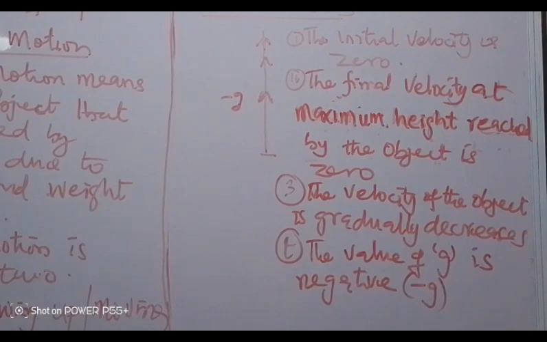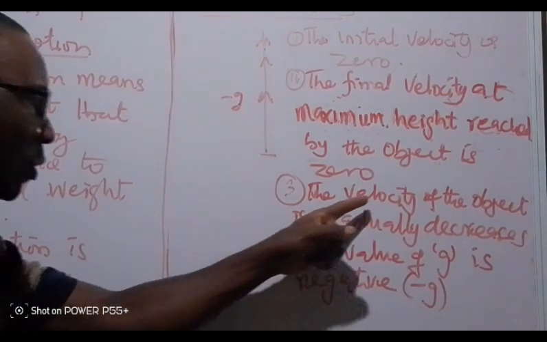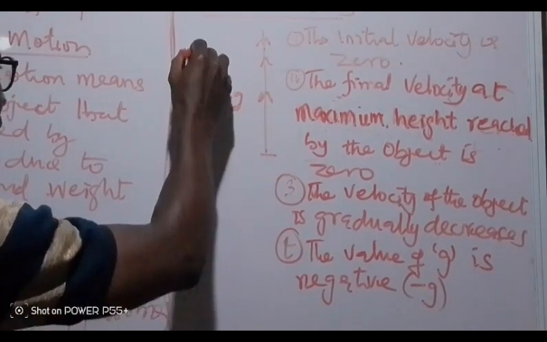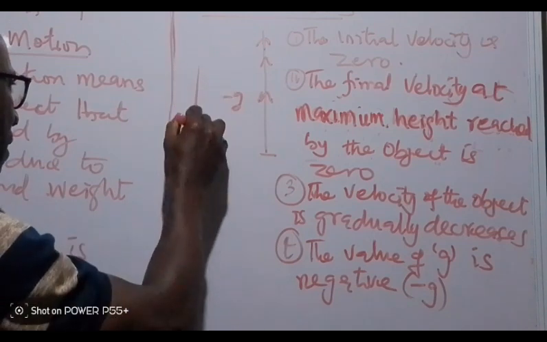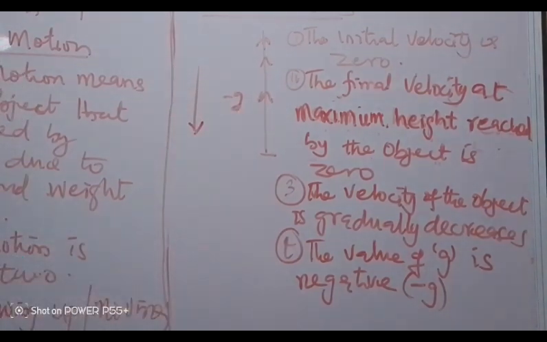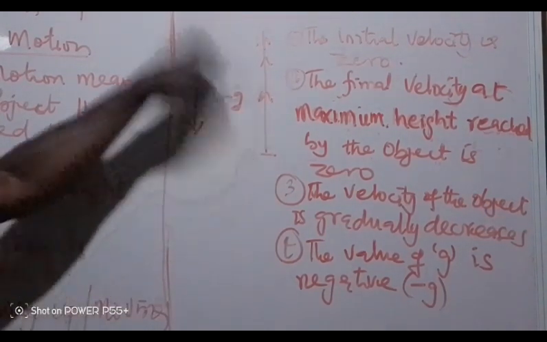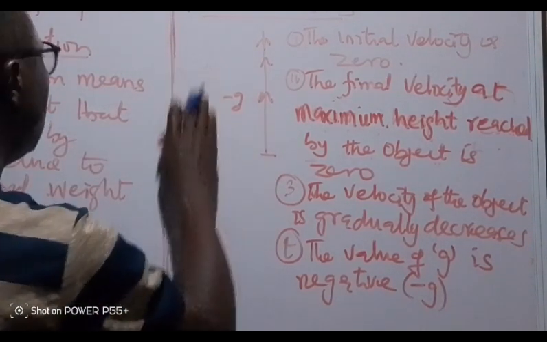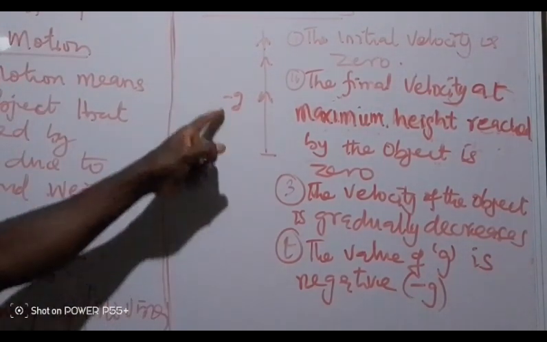Why is it negative? Because the value of the velocity is decreasing. And again, the second reason: if you look at the direction of acceleration due to gravity, it is downward. But this one is moving up. Therefore, it is in the opposite direction of acceleration due to gravity, so the value of g here will be negative.